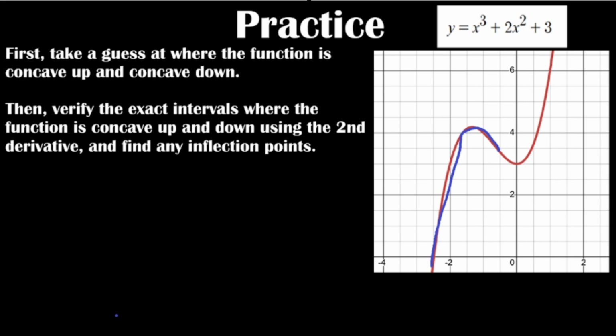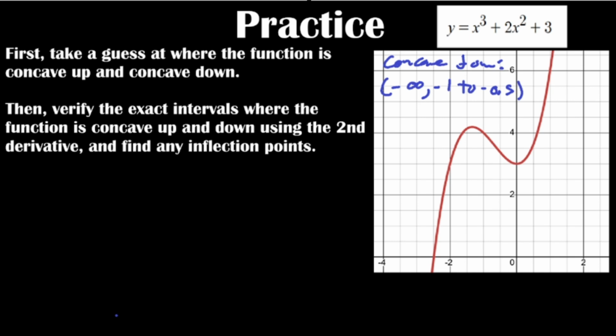Now, if I had to say, I feel like the function switches somewhere around here. So maybe it's concave down for x values from negative infinity to somewhere between -1 and negative 0.5. So somewhere around here it's going to switch.